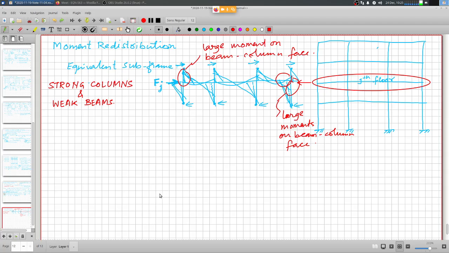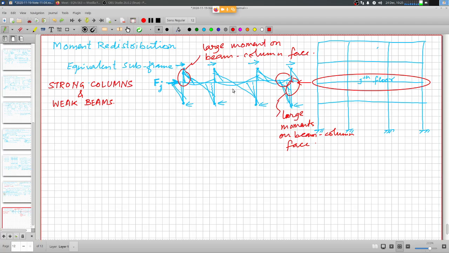Now, the positive moment on the other hand, if you look at gravity load, there will be some amount of positive moment. The positive moment because of the seismic load is not going to be contributing very significantly, because at the midspan it will be more or less a point of contraflexure.